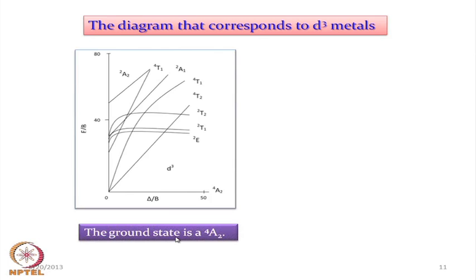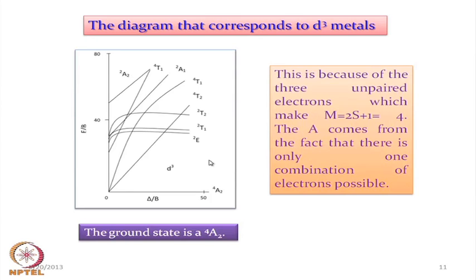This is the state where the ground state is 4A2. So, for any d3 metal ion, it can be chromium 3 plus, the ground state term is 4A2, and from 4A2 we have all the other transitions.